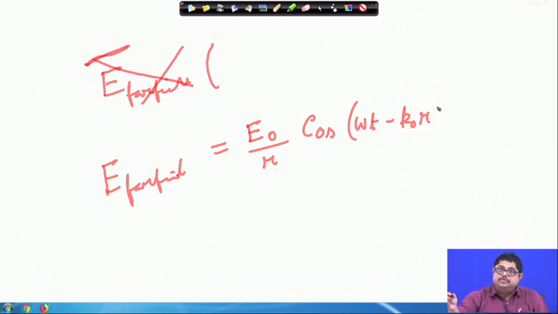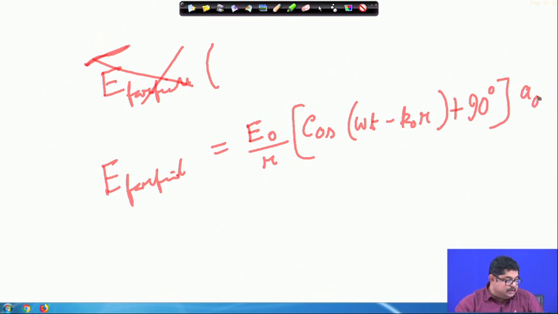K naught r is coming from e to the power minus j k naught r, plus there is a j term, that is why it becomes a sine, and then a theta.